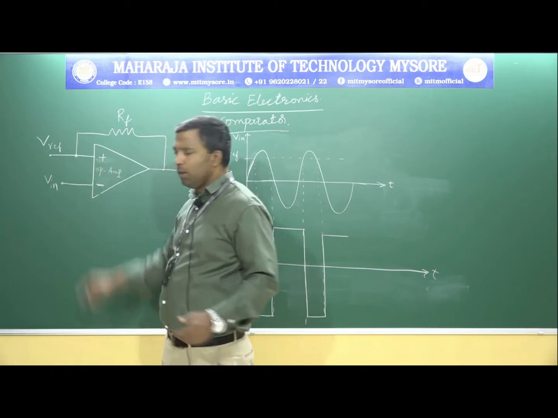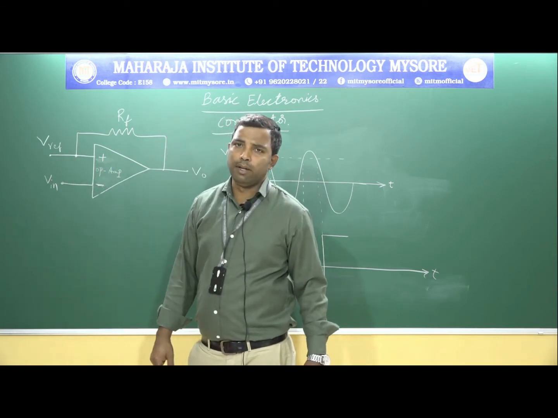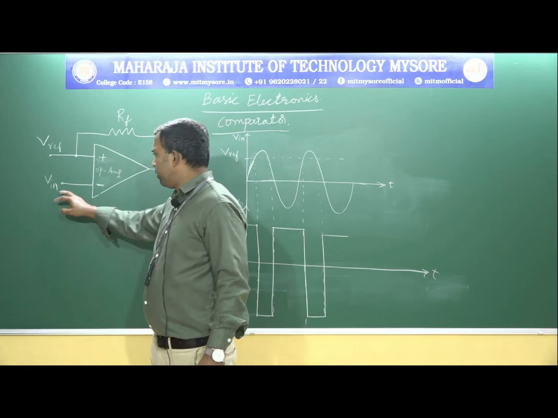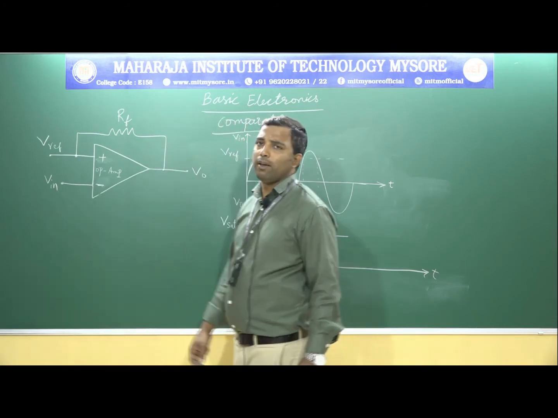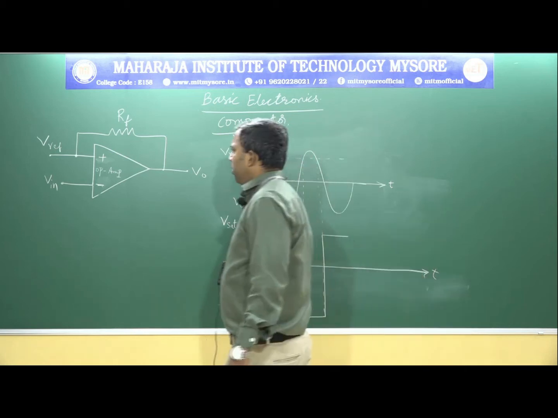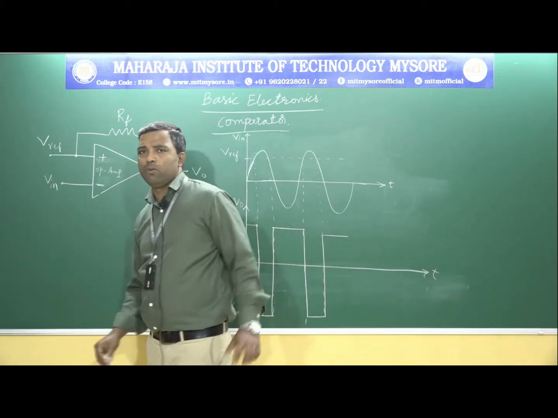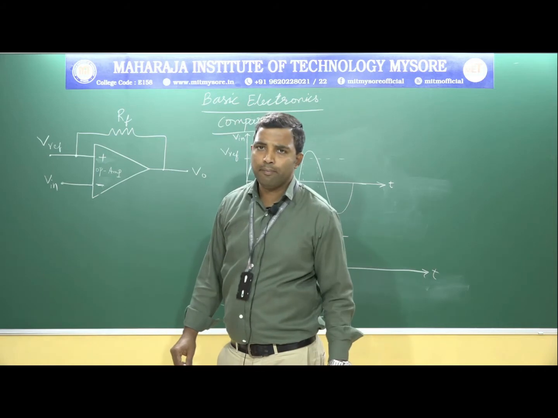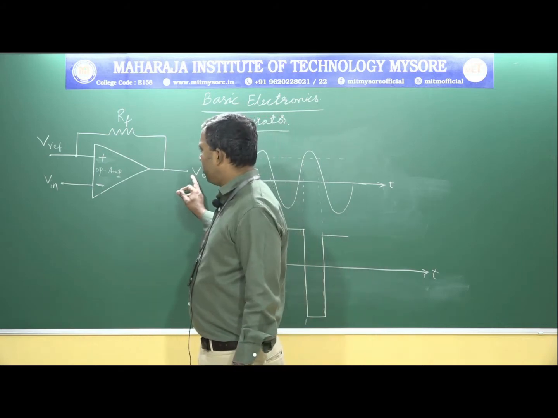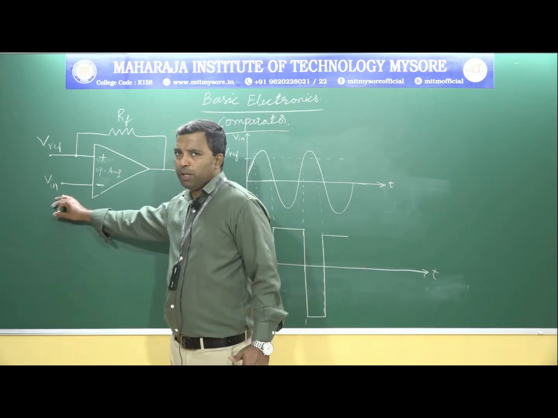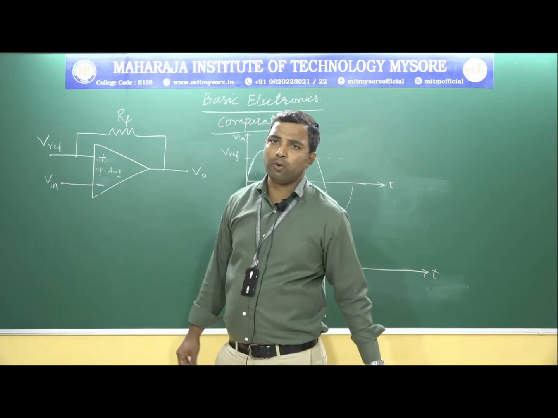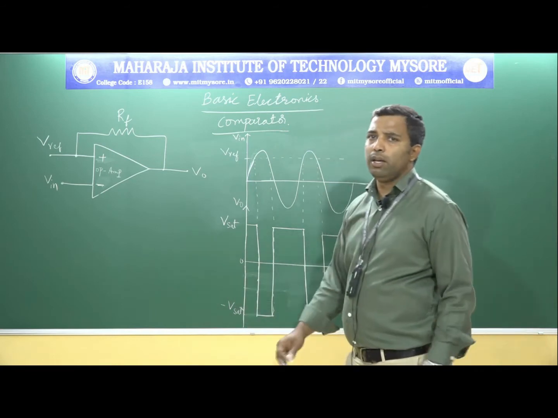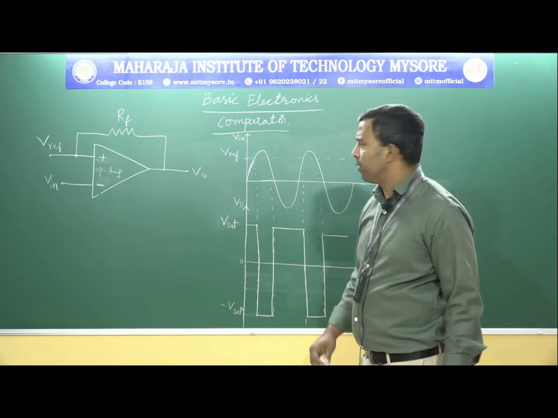Since the input voltage is applied at the inverting terminal, we call this an inverting comparator. As usual, the RF value is used to control the gain of the system. VO is the output, Vin is the input voltage, and V reference is the standard value. With respect to that, we compare the input with the reference voltage.